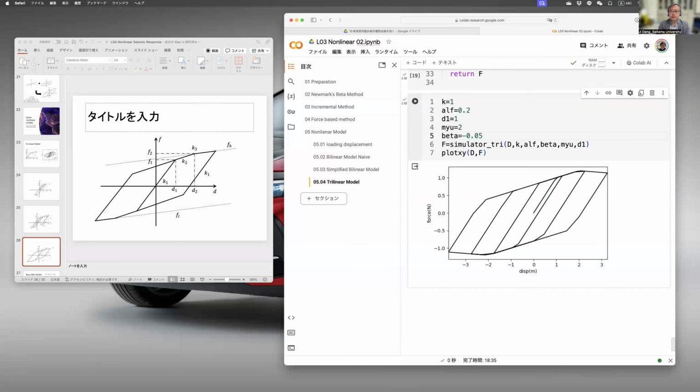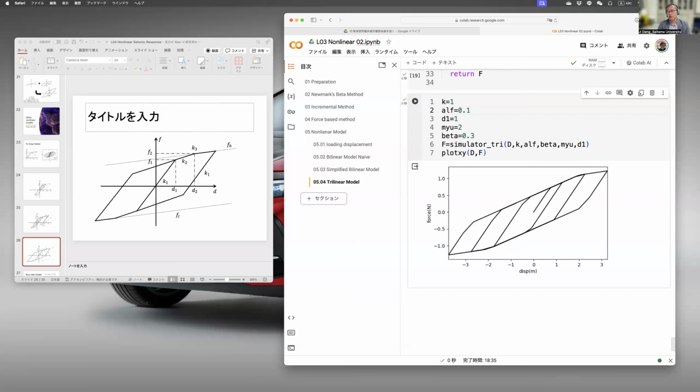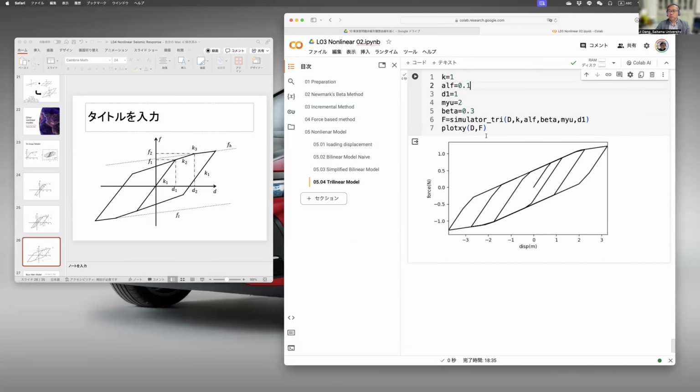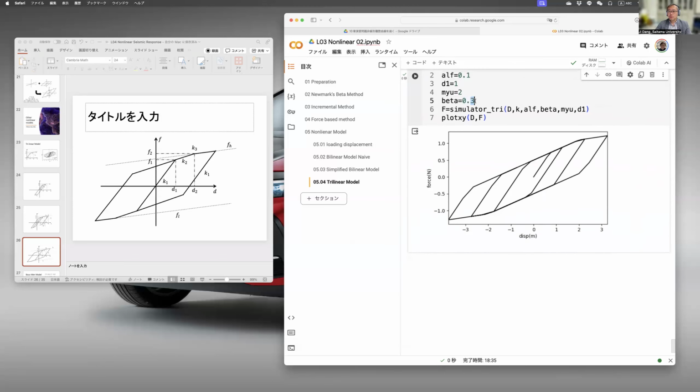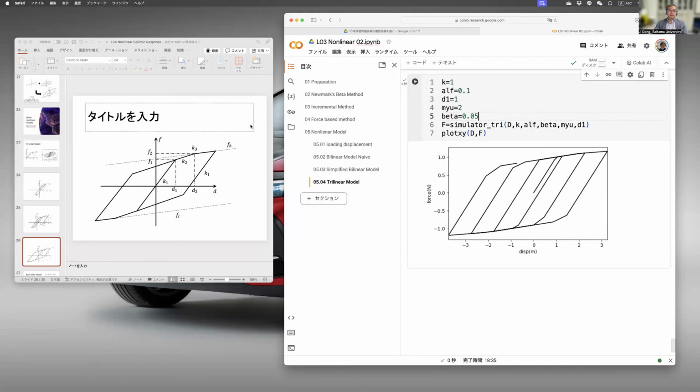We can have a minus gradient, or you can have a gradient larger than the first one, which is the hardening effect model. You can simulate. Or maybe it's too small.